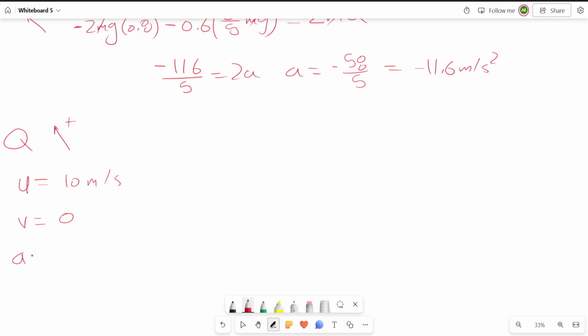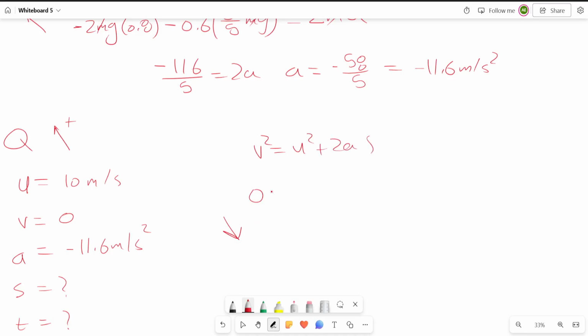I know that my acceleration is in the opposite direction, 11.6, so it's negative 11.6 meters per second squared. And I want my S, how much it moved, and how long it took. So first of all, to find S, I will use the equation that doesn't have a T in it: V squared equals U squared plus 2AS.